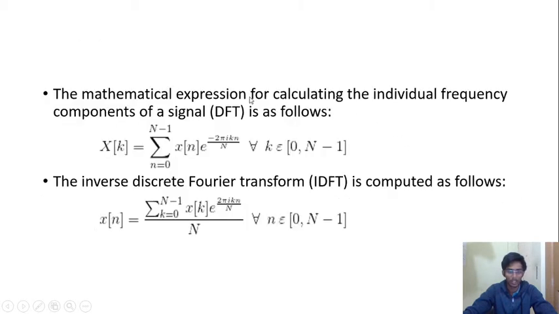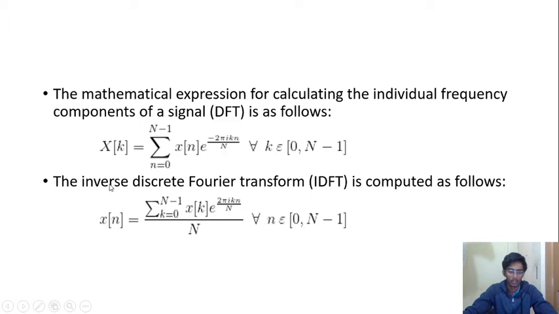The mathematical expression for calculating the individual frequency component of a signal in DFT is as follows. Capital X of k is equal to the summation, small n equal to 0 to capital N minus 1, of x of n e to the power minus 2 pi i k n by capital N, for all k belonging to 0 to capital N minus 1. Here x of n is our input sequence.